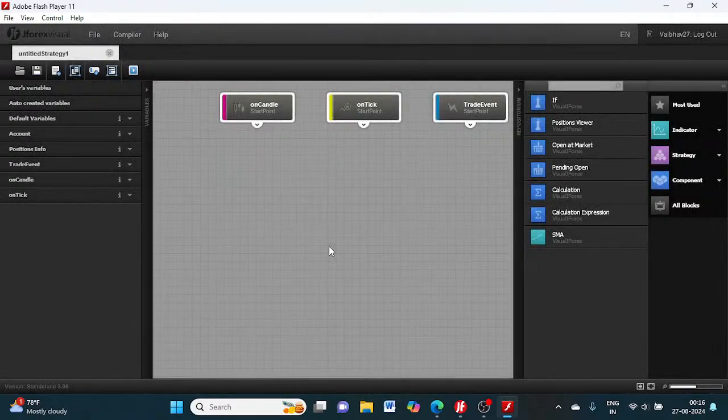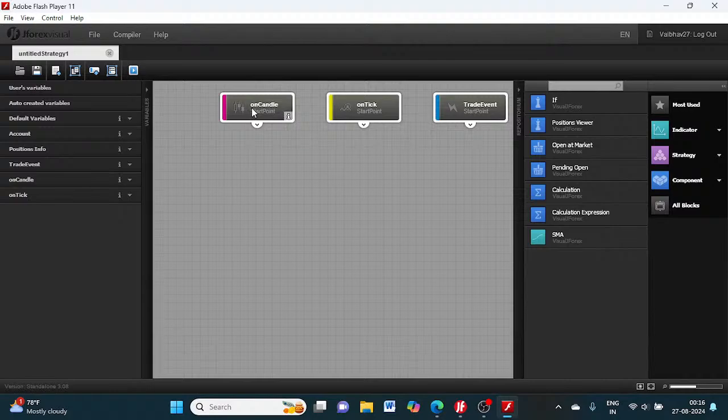Now we are all set. And in these, the start points need to be defined first: on candle, on tick, trade event. Whenever these initiation points are going to be defined, you need to see what the trading system is all about and then generate these start points appropriately.